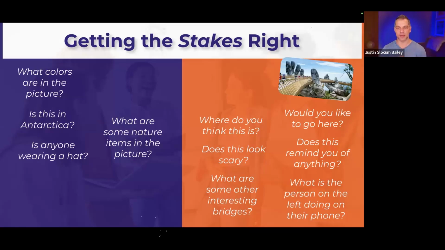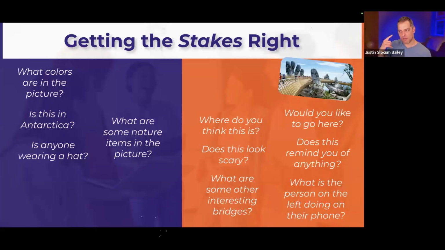It refers to the concept of the stakes. This terminology comes from gambling. I'm not talking about gambling in school, but it's what's on the line: what can you win or lose by participating?